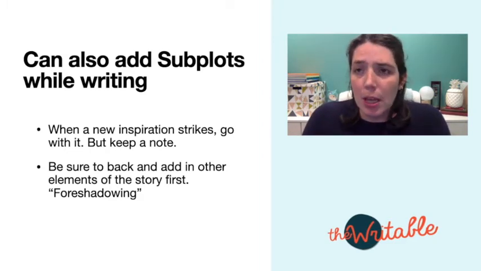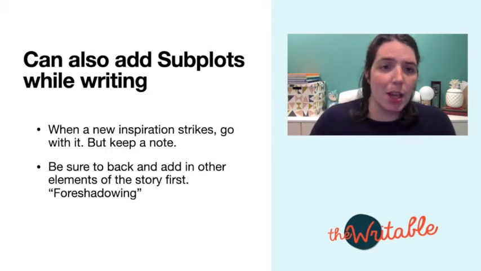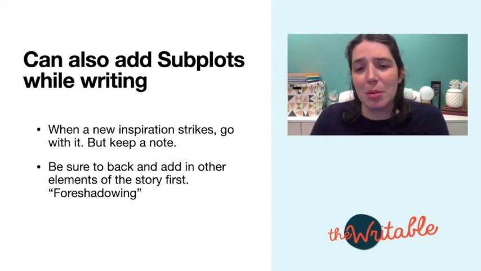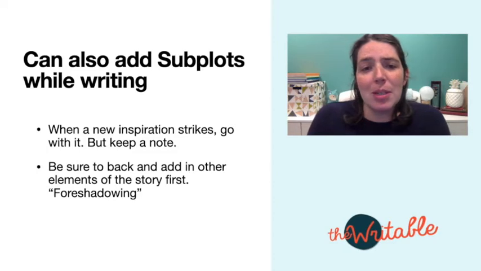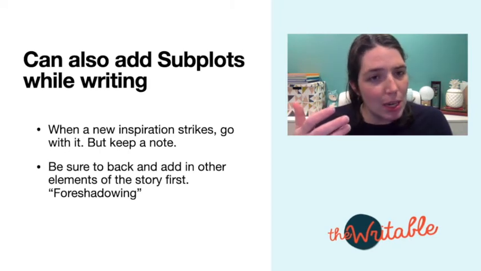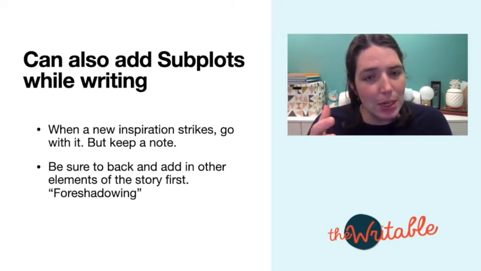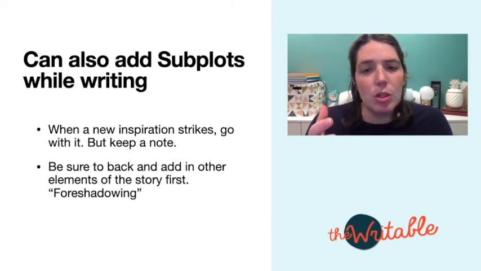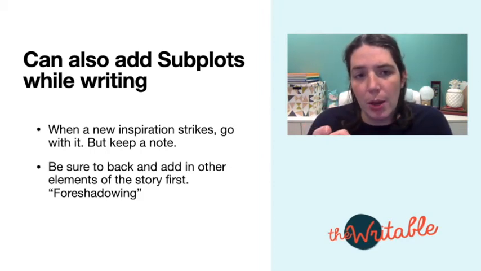So the other week I was writing and I got this brand new inspiration. But I was getting close to the midpoint, which means that the subplot should also be getting close to the subplot's midpoint. So it was too late to really introduce something brand new.